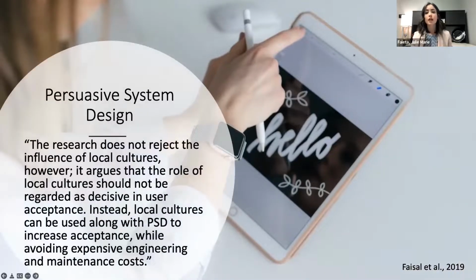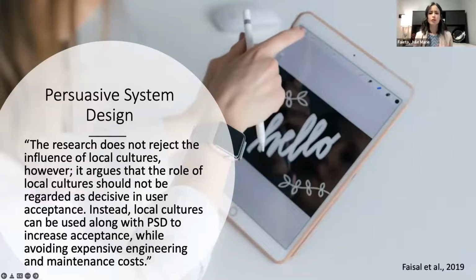The research does not reject the influence of local cultures. However, it argues that the role of local culture should not be regarded as decisive in user acceptance. Instead, local cultures can be used along with persuasive design to increase acceptance while avoiding expensive engineering and maintenance costs. So persuasive system design being really effective.